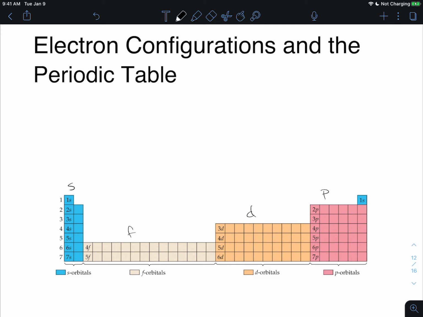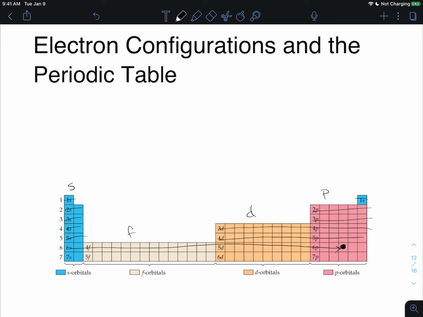And basically, as we go through, we're going to fill the electrons before. So if we are at that element, we're going to fill electrons in the subshells in the order that they are written until we get all the way here.